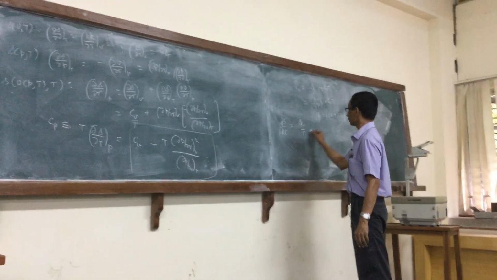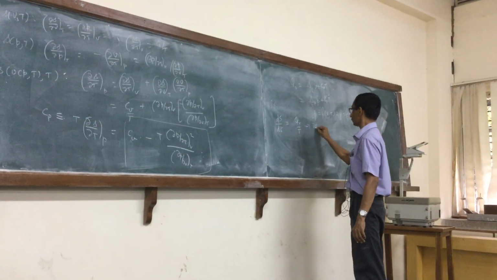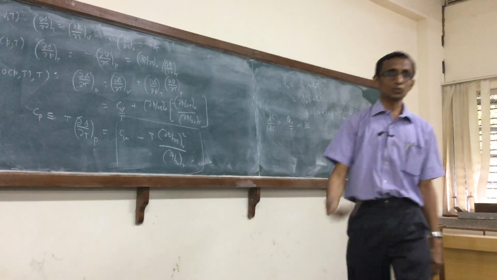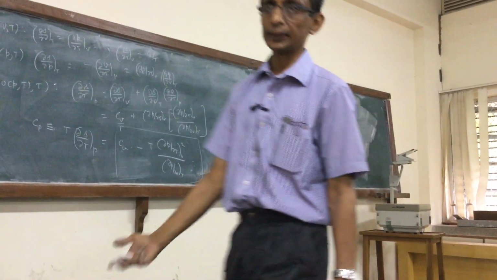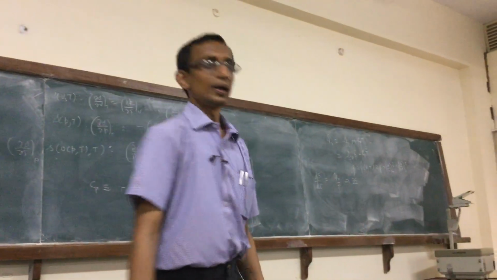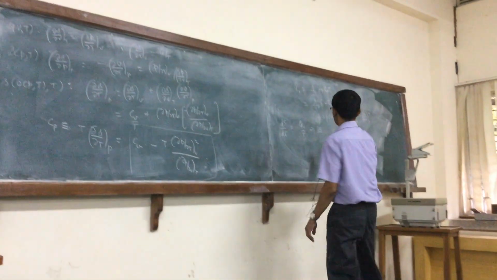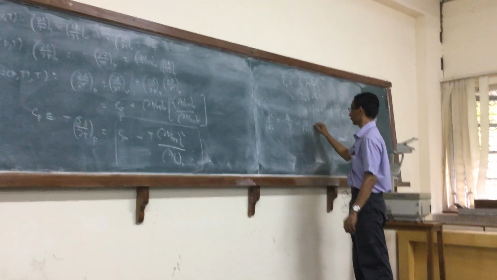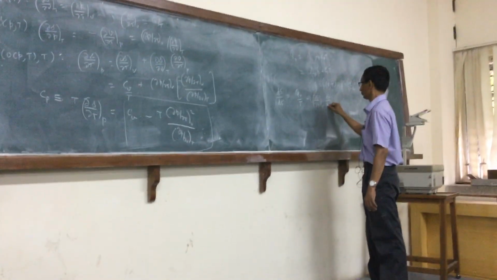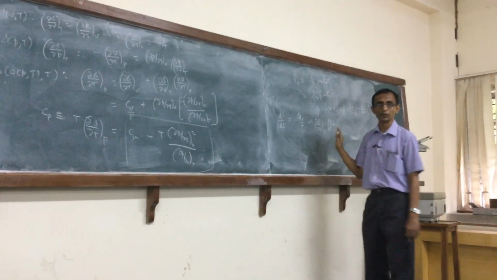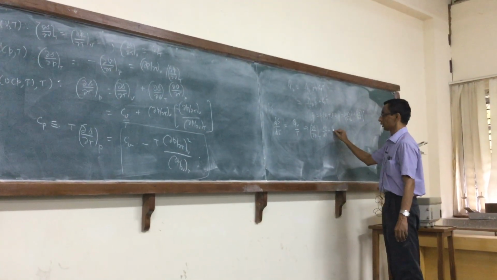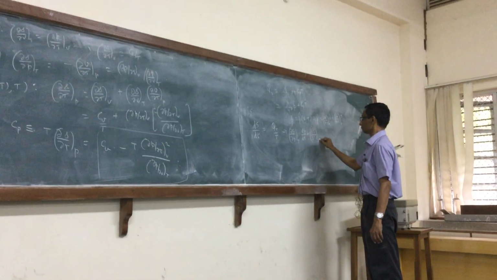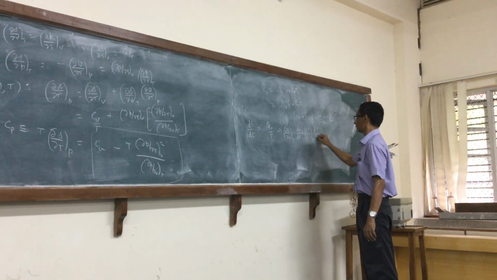Now this can be written as dS/dt, if I choose P and temperature as the variables, as dS/dP at fixed temperature times dP/dt, which is all in terms of time, but we want to get only at the coefficients, plus dS/dT at P times dT/dt.